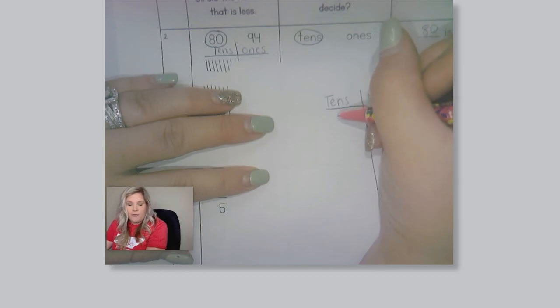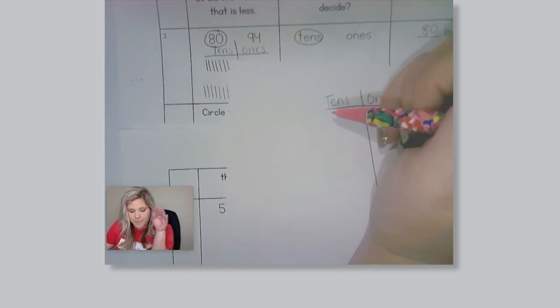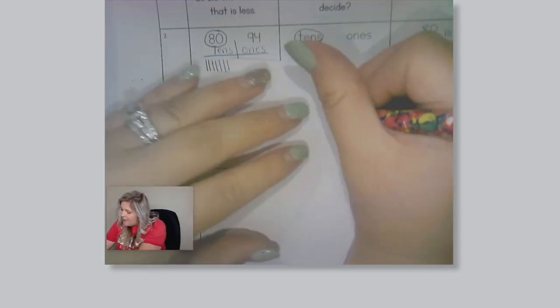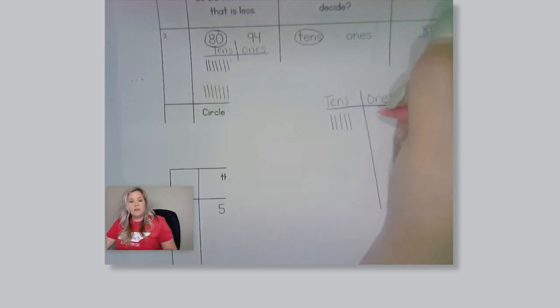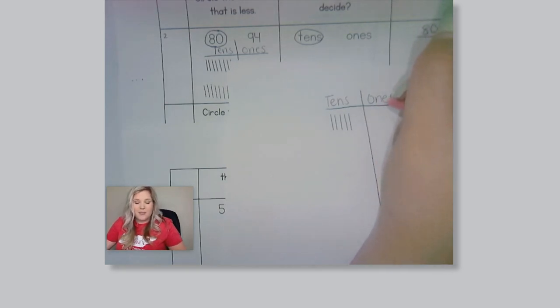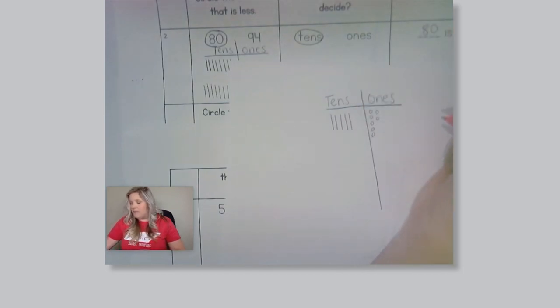Let's do 57 first. How many tens are in the number 57? 5. 1, 2, 3, 4, 5. How many ones for 57? 7. 1, 2, 3, 4, 5, 6, 7. Did you draw 5 lines and 7 circles?